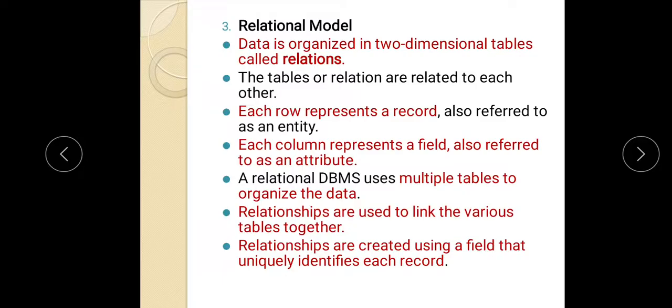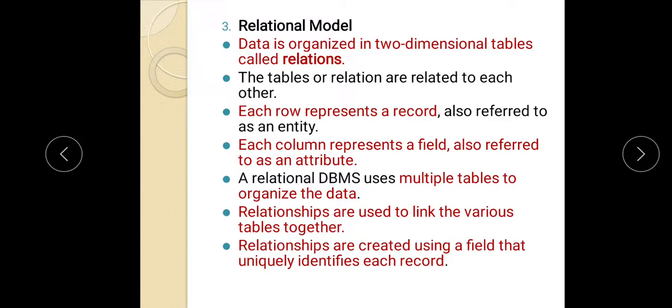The next concept is the relational model. The relational model is the same concept that we saw in the first data model, the high-level or conceptual model, that is the entity relationship model. In the relational model, the data is organized in two-dimensional tables called relations. The data is stored in the form of tables, and a table is called a relation.